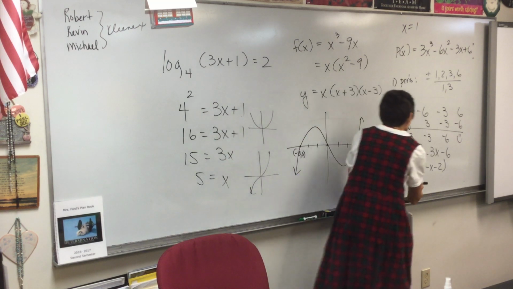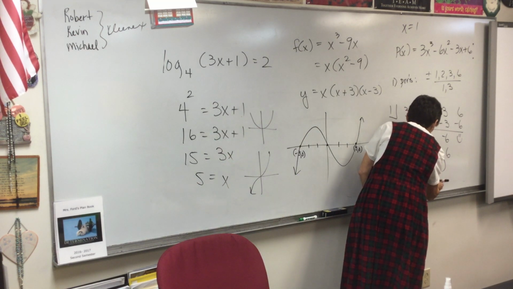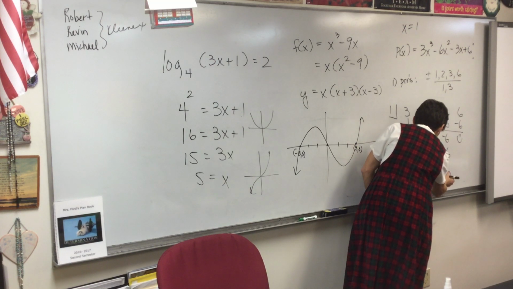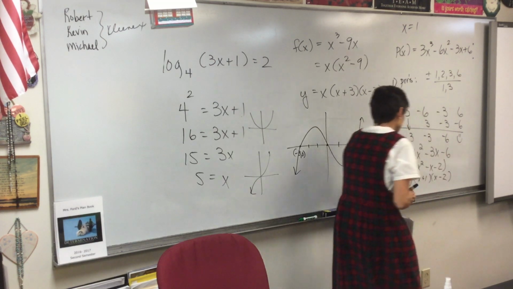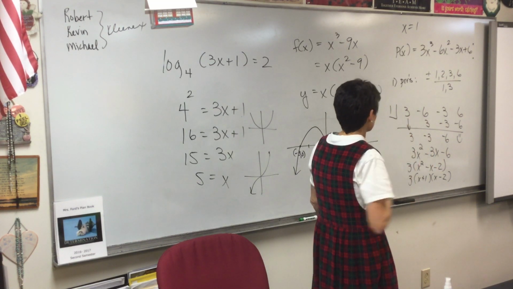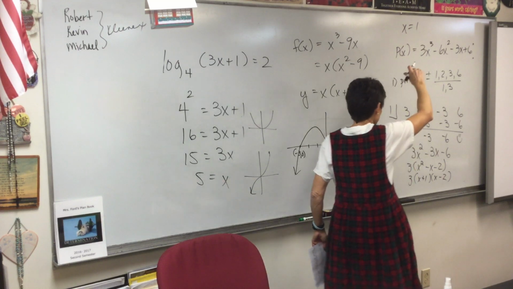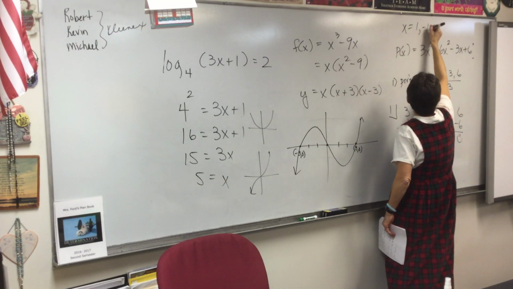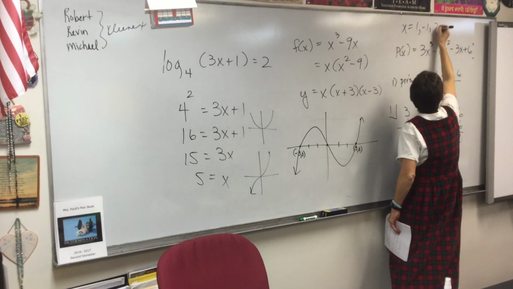Factor it, or use the quadratic formula. It doesn't matter, it's quadratic, so you can do that if you want. This one factors easily, I think. So what are my other 2 answers? -1 and 2.